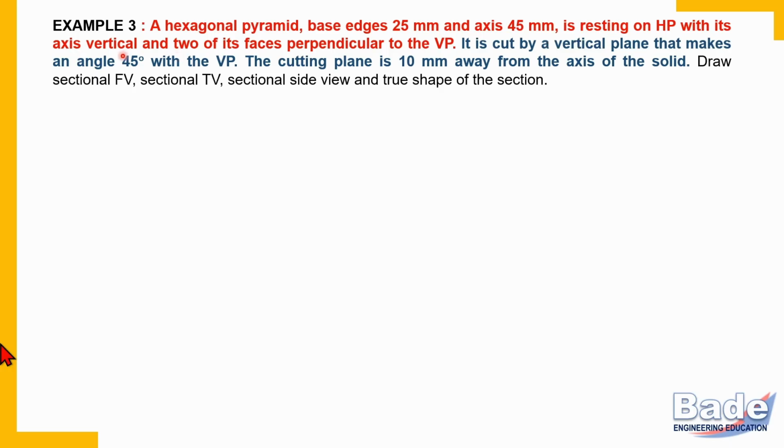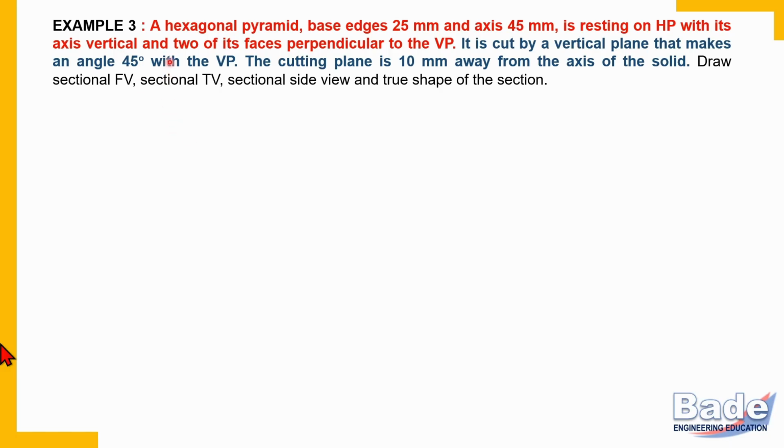Once again I am repeating, if axis is perpendicular to HP, that is vertical, then true shape of base appears in top view. When axis is perpendicular to VP, then true shape of base appears in front view. So here we are going to draw true shape of base in HP, that is in the top view.